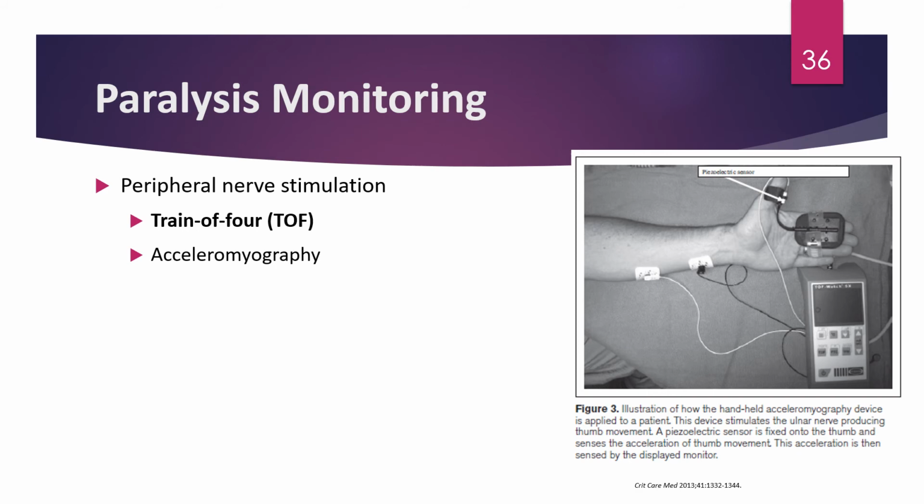They will have a device that's connected to a patient's arm in this case, and that device will stimulate the ulnar nerve, producing thumb movement. And the sensor is fixed on the thumb and senses the acceleration of thumb movement. And then this acceleration is sensed by the displayed monitor. So the monitor will tell you how much they're paralyzed.